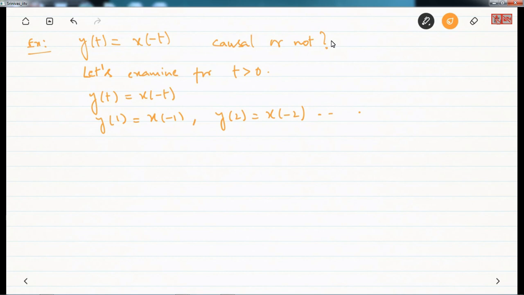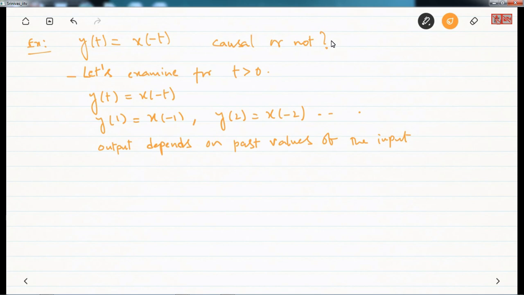So in this case, the output depends on past values of the input. Fine. So that's what we call a causal system.